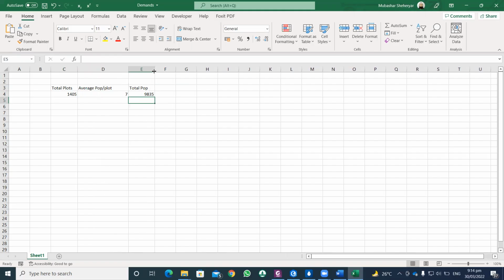Now I have to calculate the per capita or the average demand. To calculate the average demand, first I will calculate the projected population. I'm taking the growth rate of about 1.5%.